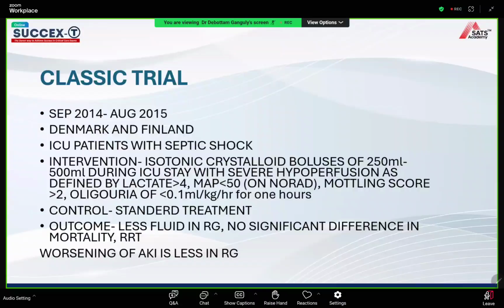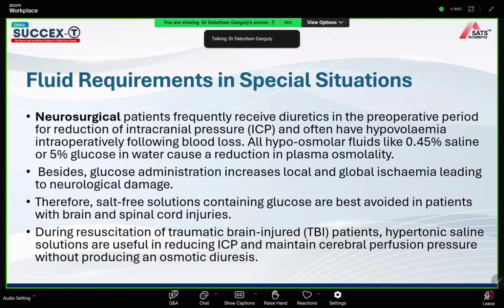In control, they gave standard treatment. Outcome: less fluid in the restrictive group, no significant difference in mortality and RRT. Worsening of AKI is less in the restrictive group. So in this classic trial, that shows the restrictive strategy is better than the liberal strategy.